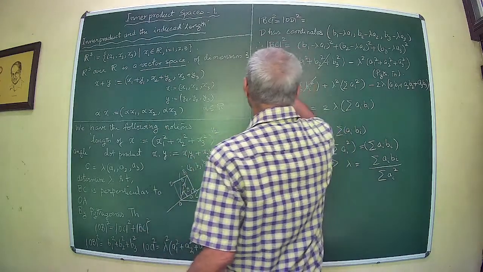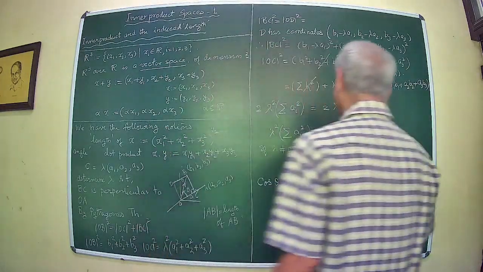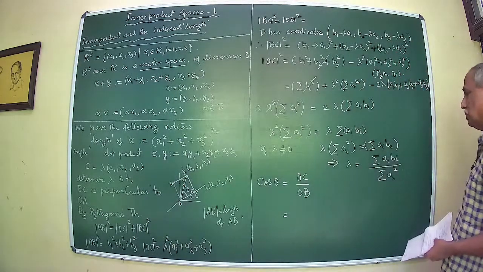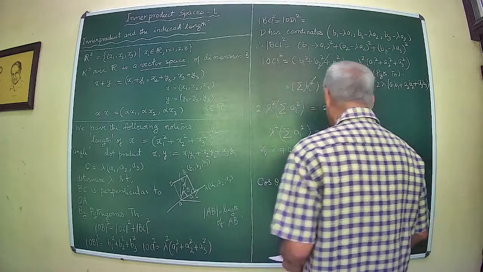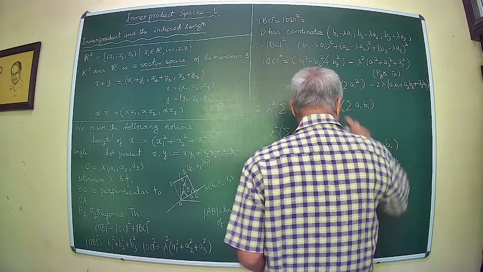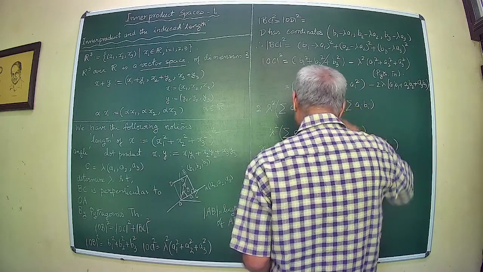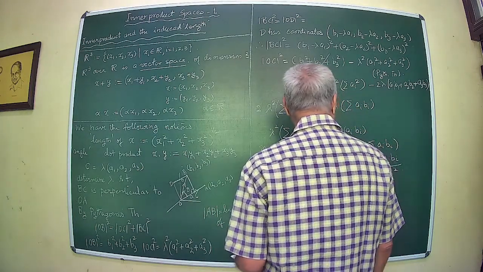Sorry, this is OC square. So OC we have already computed. So this is equal to the square root of, take OC.